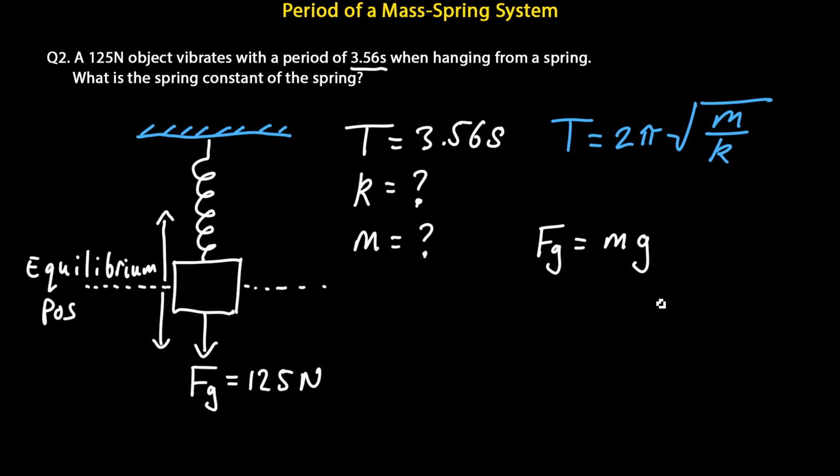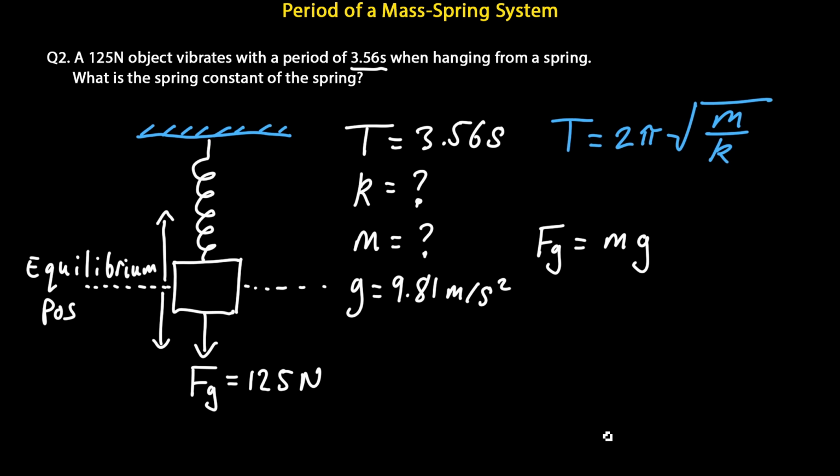So for example, the Earth. Even though this question hasn't specified which planet this mass spring system is on, let's assume it's on the Earth at sea level, where the gravitational acceleration is 9.81 meters per second squared, accurate to 3 significant figures.